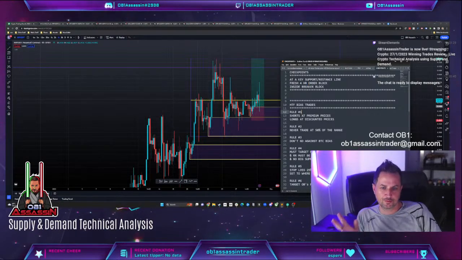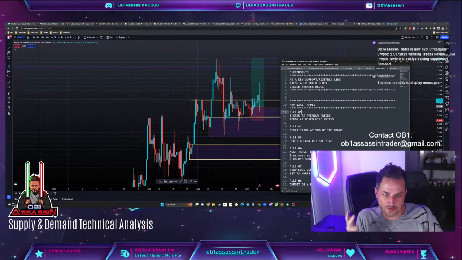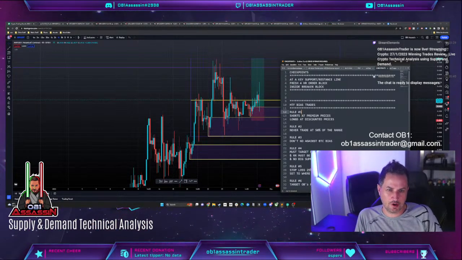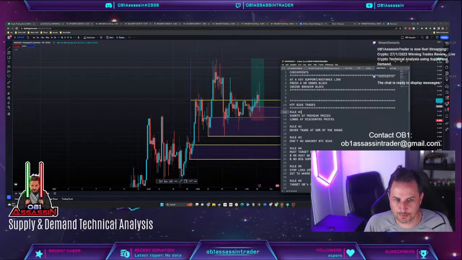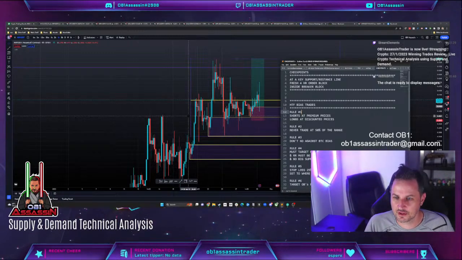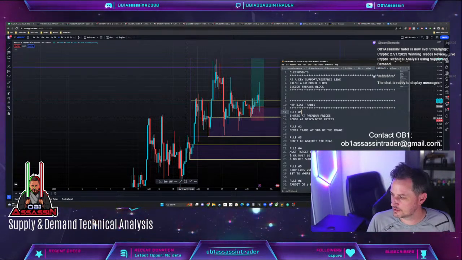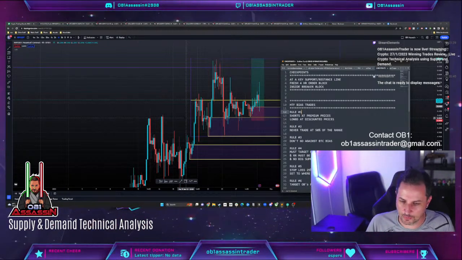Alright, those are the three things that I want to try and get. A key support resistance line, a fresh 4-hour order block, inside a breaker block. If you can get those three things, then it's a pretty highly congruent trade. If you can get 2 or 3 of those things, then probably that's something I want to lower my risk on.